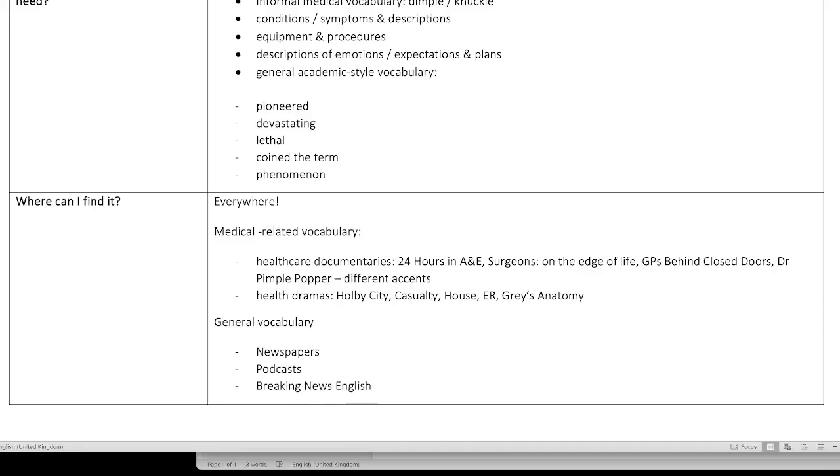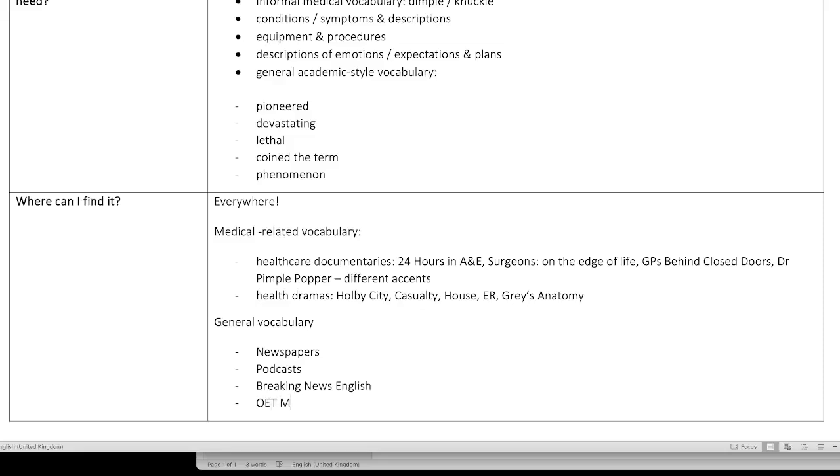That's got news articles from today or from recently. Every day it's updated and you can look at different levels. There's loads of different vocabulary tests there as well. And of course, OET mock tests. Loads of vocabulary there. So there's no excuse. Vocabulary is everywhere.